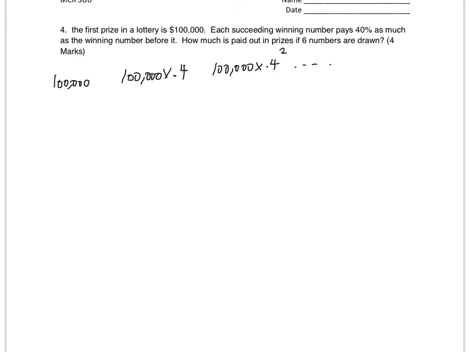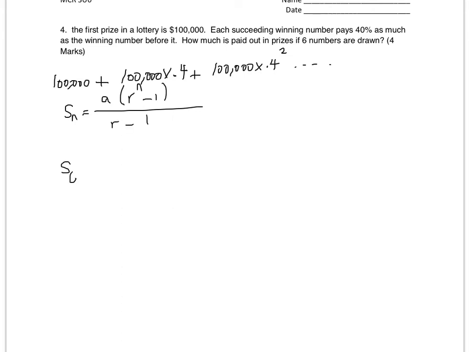Now the question says how much is paid out in prizes if 6 numbers are drawn. So I have to find the sum of the first 6 terms here. We know by definition that the sum of the first n terms of a geometric sequence is Sn equal to a times (r exponent n minus 1) divided by (r minus 1).